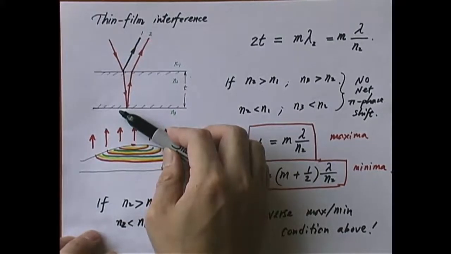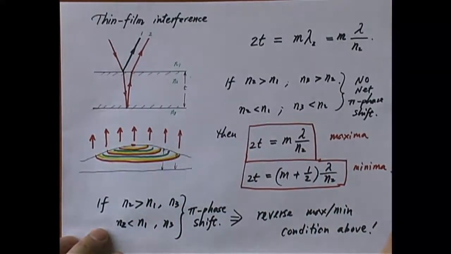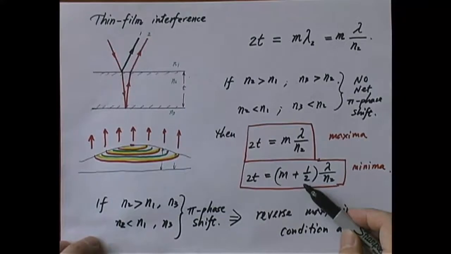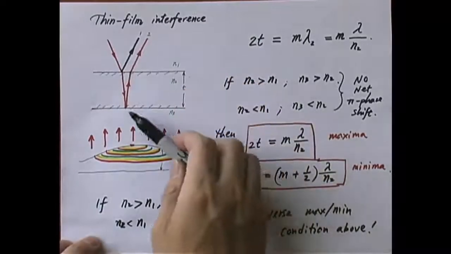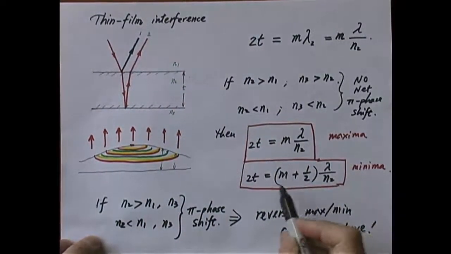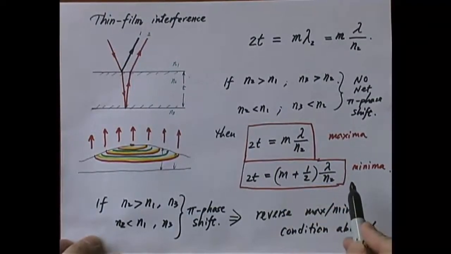Therefore, the condition for maxima would be equal to this, and the condition for minima would be equal to that. Now which condition do you want? Do you want reflection to be maxima or minima? Of course, you want minimum, because you want all the light to go through. You don't want light to get reflected. So you want to choose the thickness of the film so that it satisfies this formula, so that reflection is a minimum and therefore transmission is a maximum.